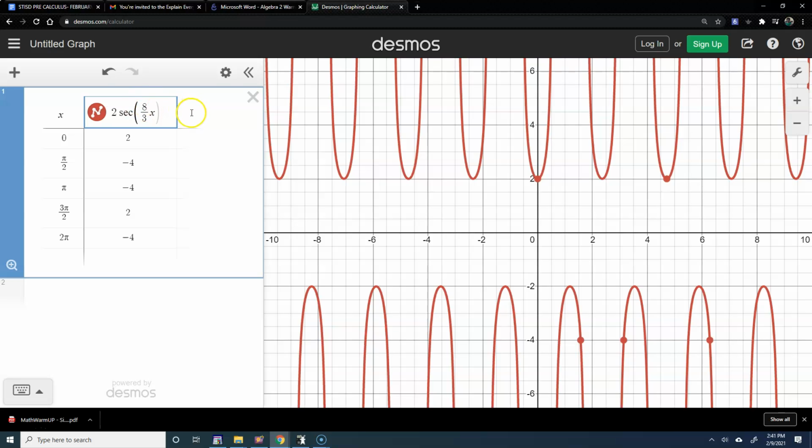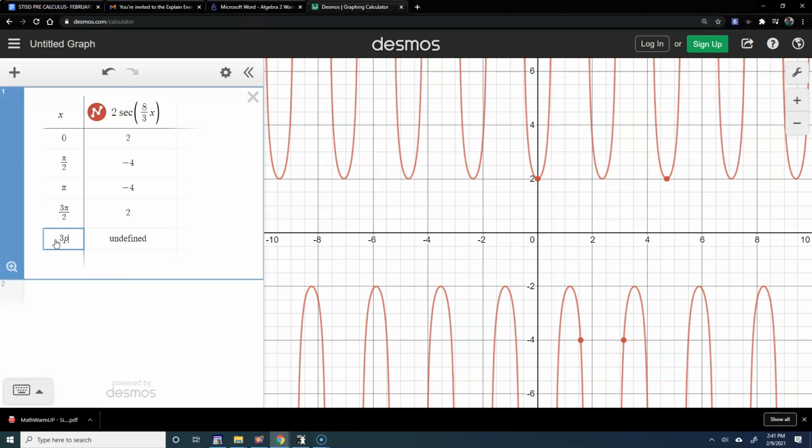And remember, we had a period from 0 to 3 pi divided by 4. It's 2. That's right, it's at 2. And then the next, which is the asymptote, 9 pi divided by 16 should be undefined, that's right.